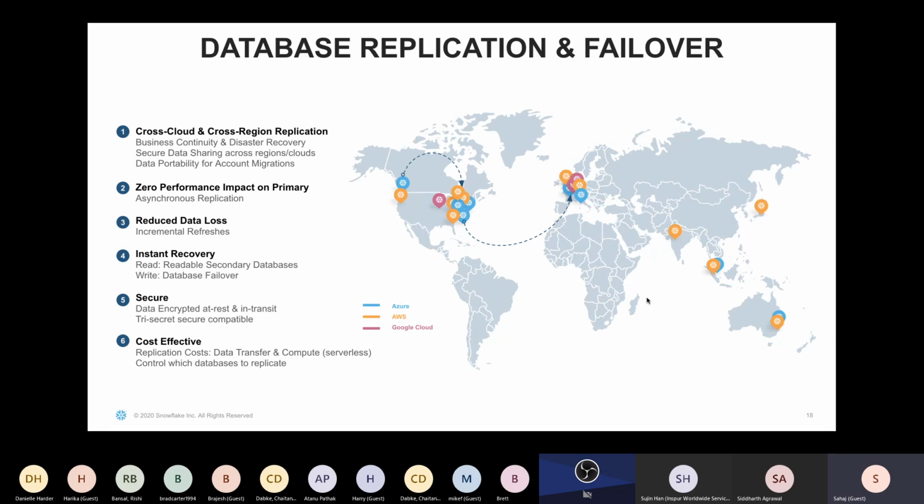In terms of the technical characteristics of this feature, replication is asynchronous, and that means that there's 0 impact to your primary workloads when you use replication. So think of it as I'm in AWS West, my entire organization is using Snowflake on AWS US West.